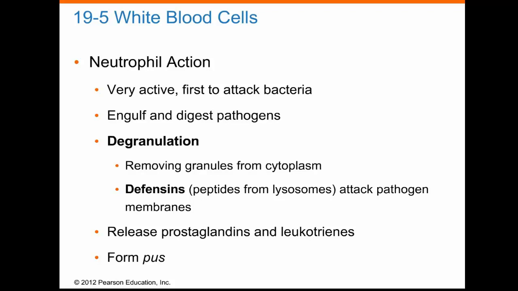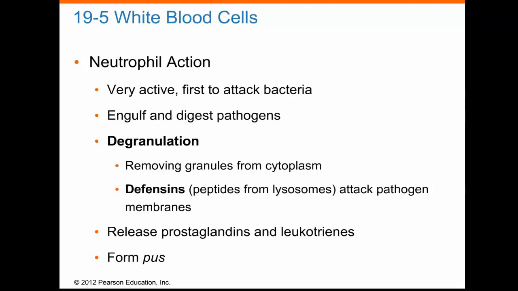Neutrophils are very active. They're the first to attack bacteria, and they engulf and digest the pathogens. It's called degranulation: they release granules from the cytoplasm, these are called defensins, and they attack the pathogen membranes. They can release prostaglandins and leukotrienes, which are important in the formation of the inflammatory response.